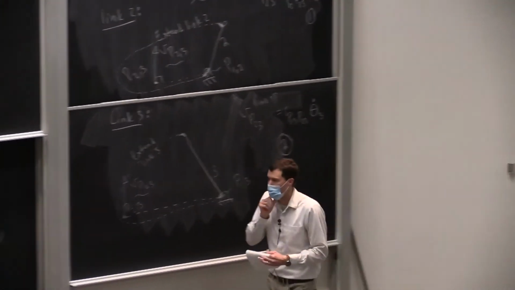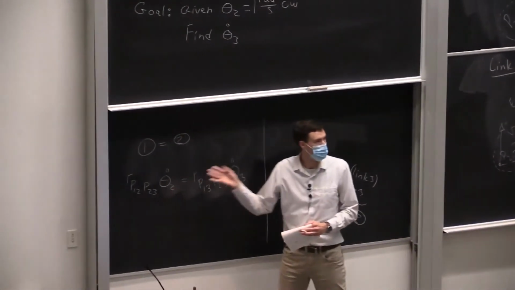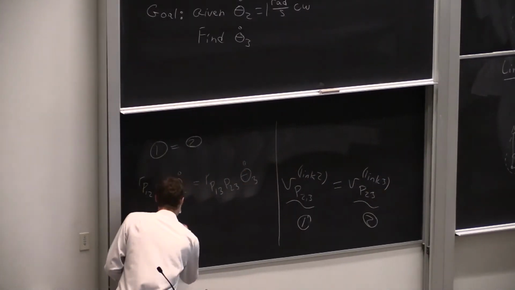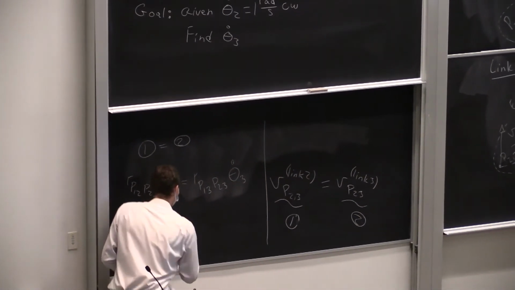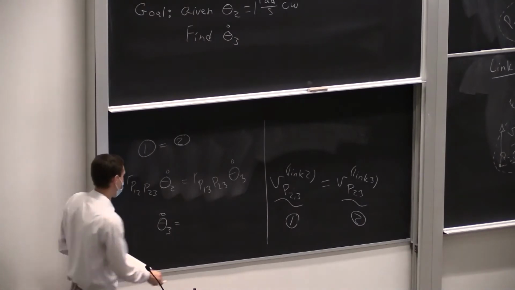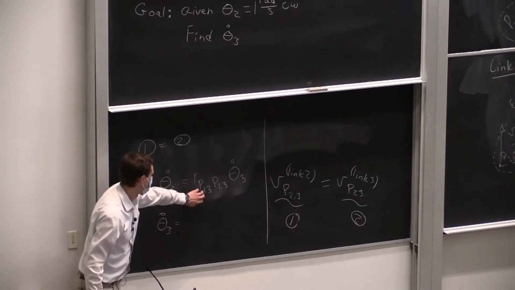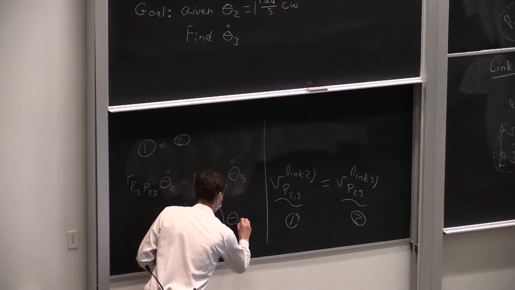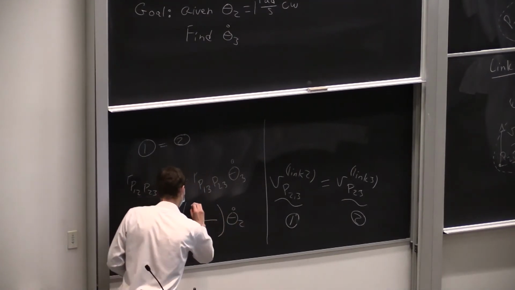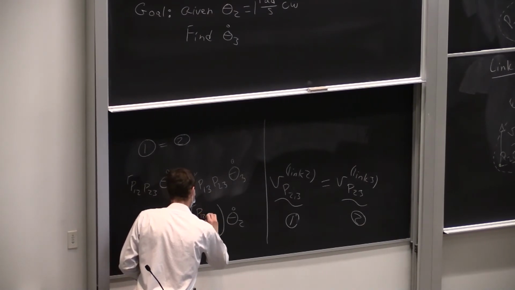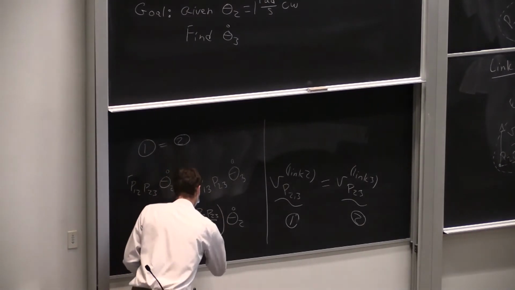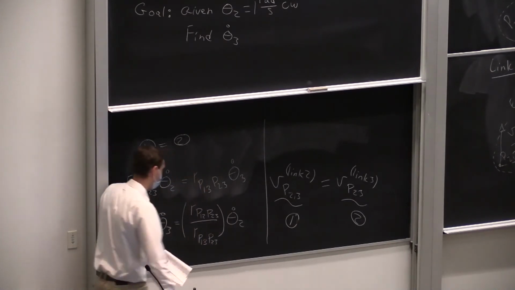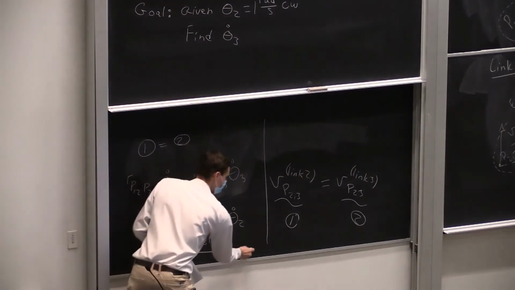And now we have what we want: a relationship between theta 2 and theta 3, and we can calculate it. We can solve for theta 3 dot, that's our output rotation rate. So just divide by this r here. Okay, and we get our final solution.